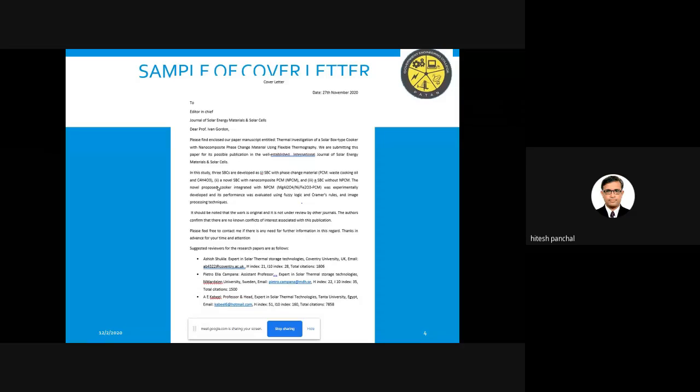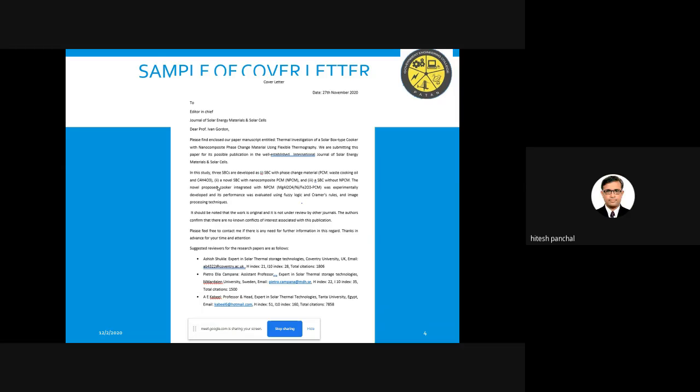Generally, if you ask any editor-in-chief, he or she will answer that they have around 200 papers per year. But at present, submissions are around 1,200 per year. So how can 1,200 be converted into 200? It all depends on the editor-in-chief's decision. The editor-in-chief can understand the research work and the novelty through this cover letter.